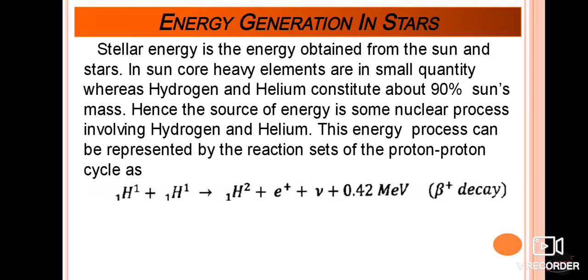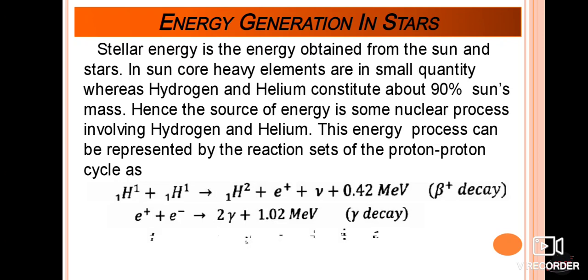That is 1H1 plus 1H1 gives 1H2 plus a positron plus a neutrino plus 0.42 mega electron volt. This is our beta plus decay process. Then one positron and one electron give rise to 2 gamma plus 1.02 mega electron volt. It is the gamma decay process.